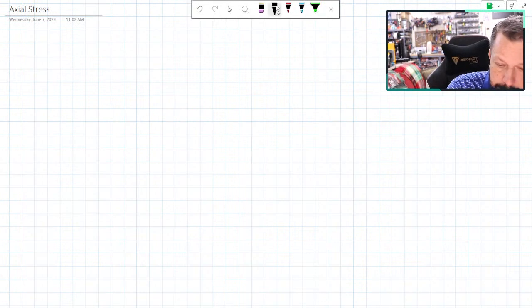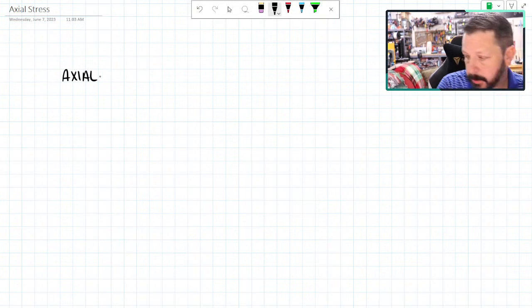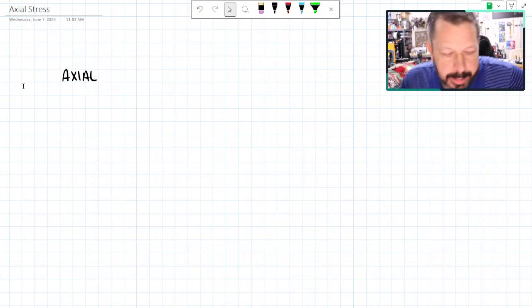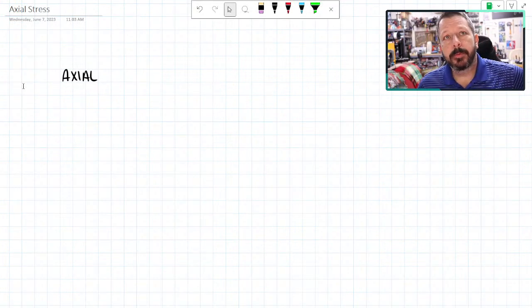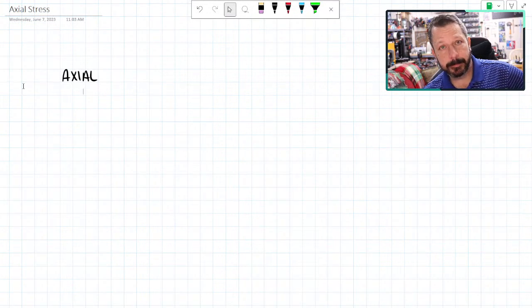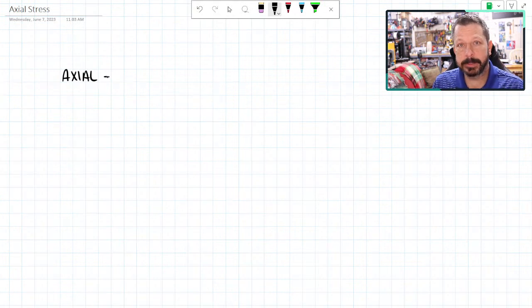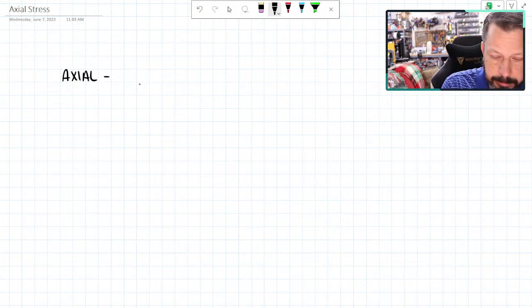So we're going to have axial stress. So let's work on axial first. Let me move this closer. All right, so axial. What we're talking about with axial, we're usually referring to an axial force creating an axial stress. And so the axial part means that for the most part, the objects that we're dealing with have some sort of longitudinal axis. So if you had like a little, well, let's do a simple one.